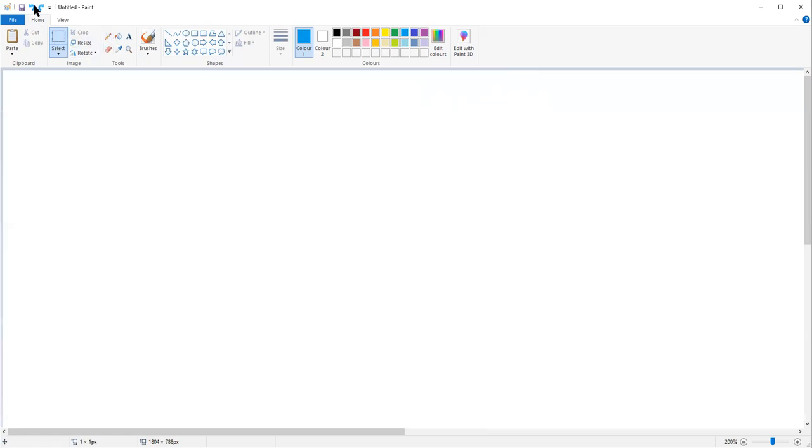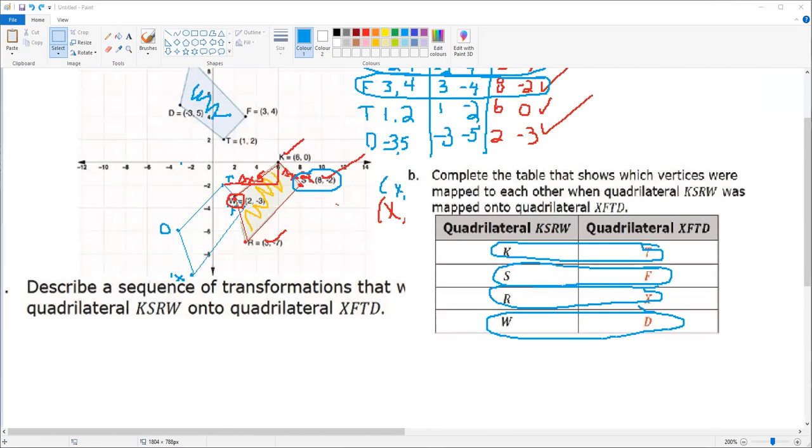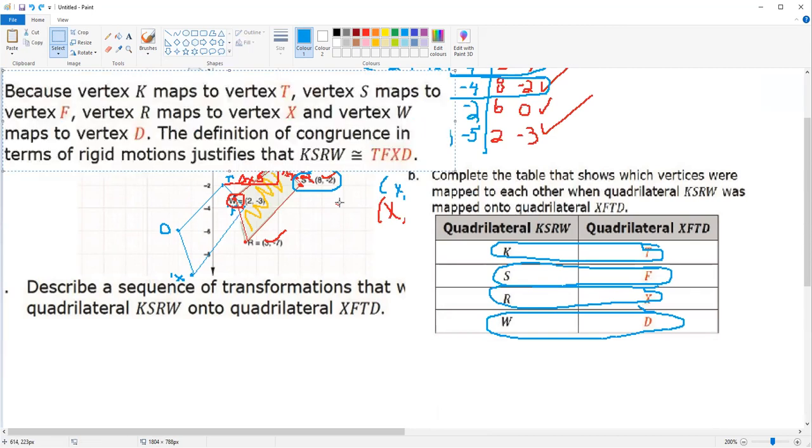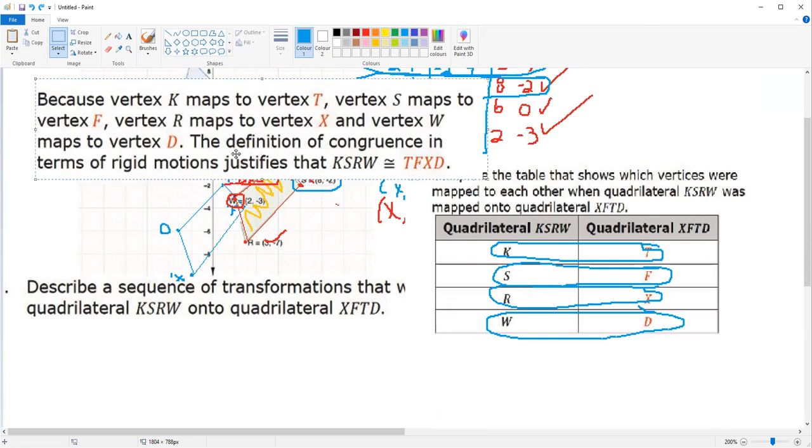Let me go ahead and back up for a second. Since we have this specific table here, copy and paste something from the book here. Say because the vertex K mapped with the vertex T, and S mapped with F, and R mapped with X, W mapped with D, the definition of congruence in terms of rigid motion justifies that KSRW is congruent to TFXD. So the order in which you order your letters matters.